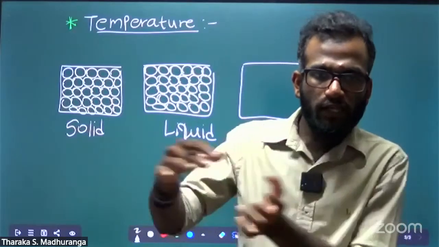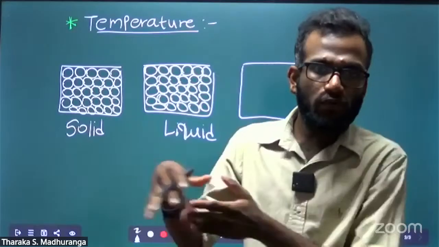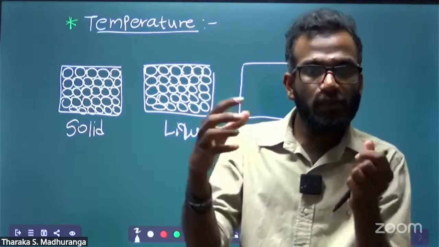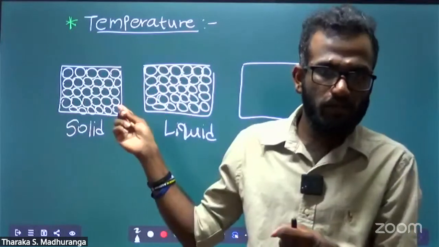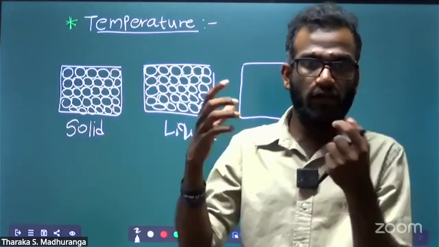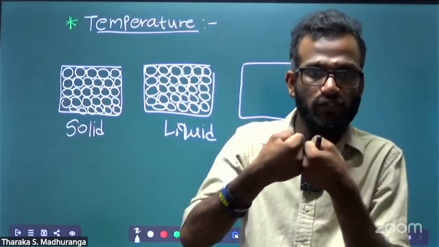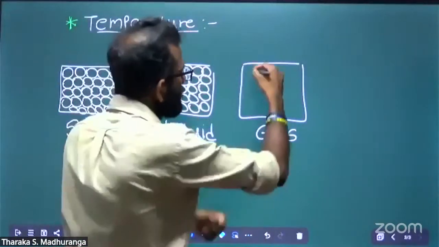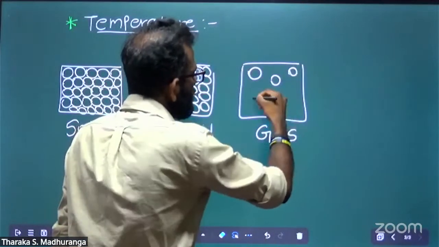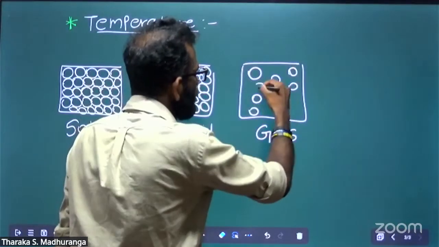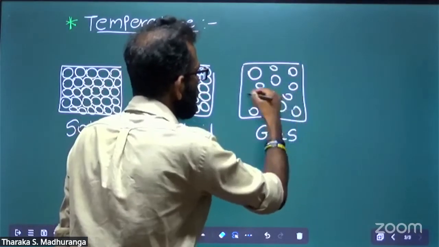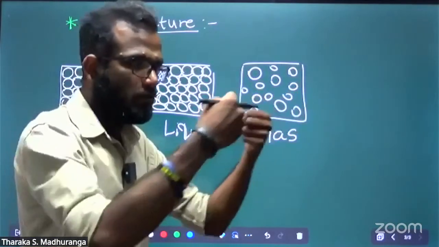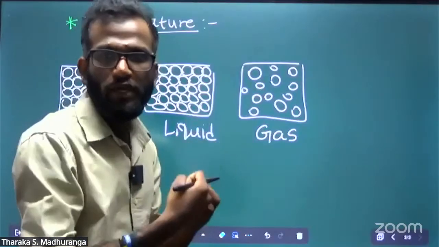That's why a liquid can flow along any surface. In solids, they are fixed bonds, with no movement. If we consider gas, the molecules are freely available, with more space between molecules and very weak intermolecular bonds.